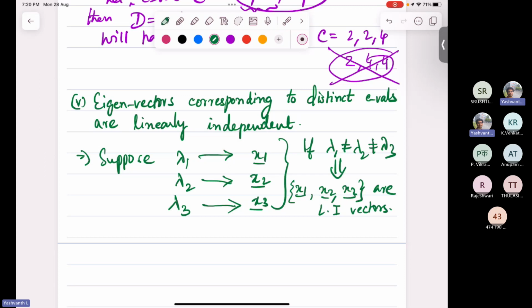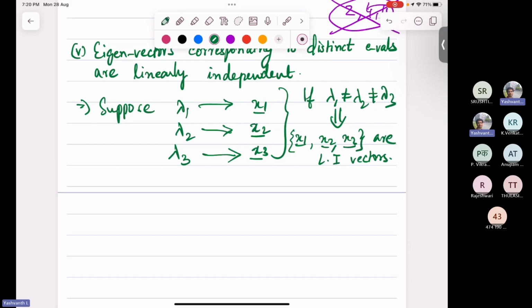This is a very, very standard result. So just know it. The proof is a little laborious, but let's just know the result.